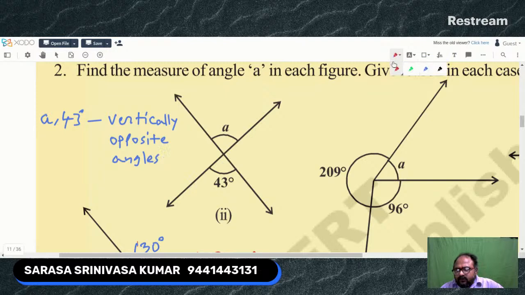Now, I would like to give some more facts. This is angle 1, angle 2, angle 3, angle 4. In this diagram, which angles are vertically opposite angles? Students, you can respond in the chat box. Which angles are equal and which angles are vertically opposite angles in this diagram?